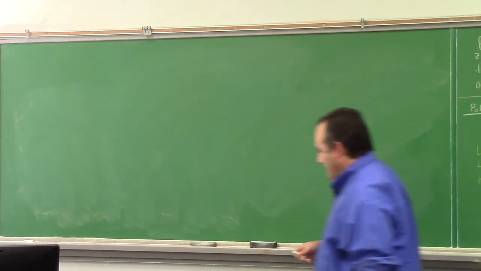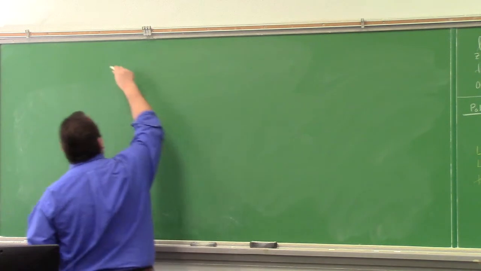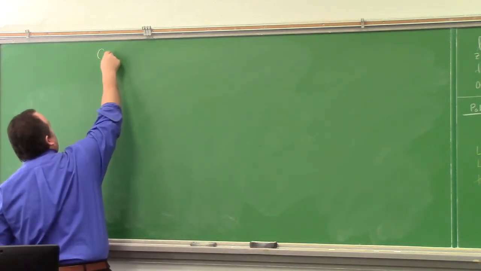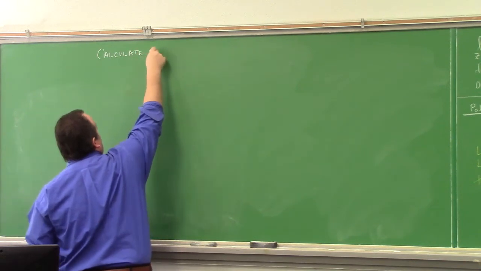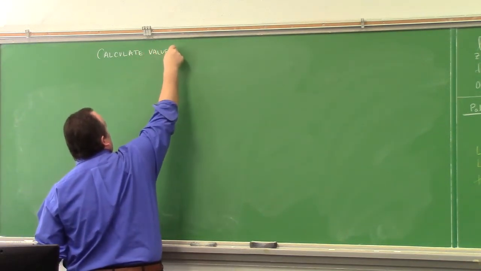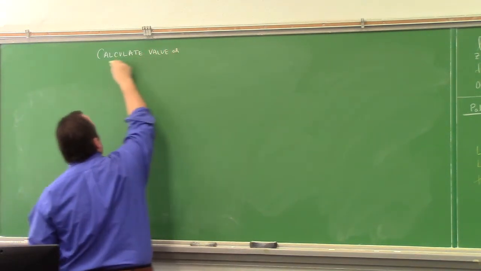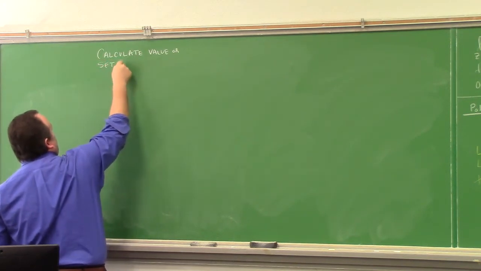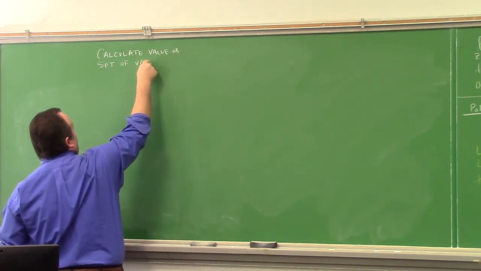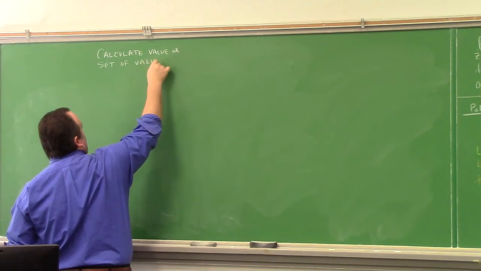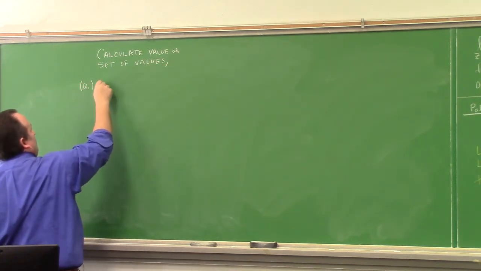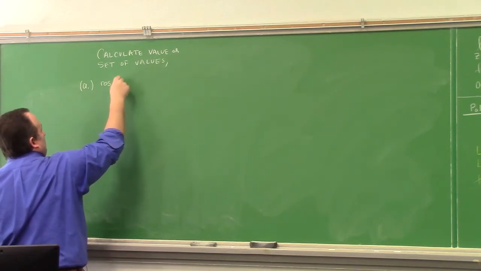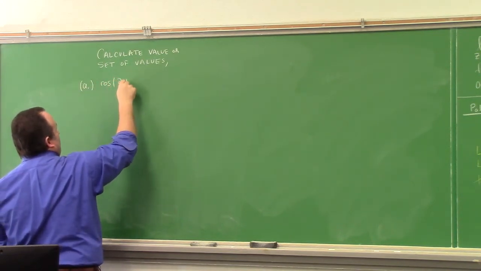So let's start out real basic. Calculate the value or set of values. So A, cosine of, oh, I don't know, 2 plus i. What's that equal to?